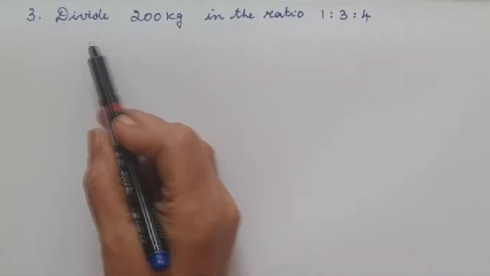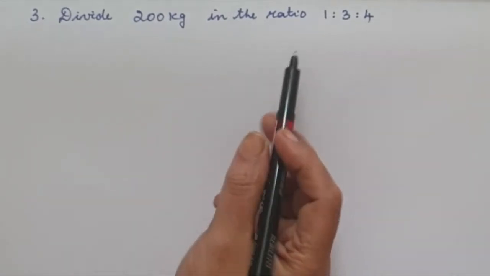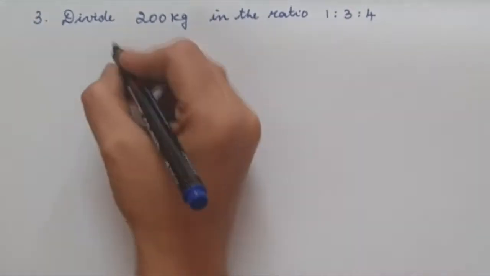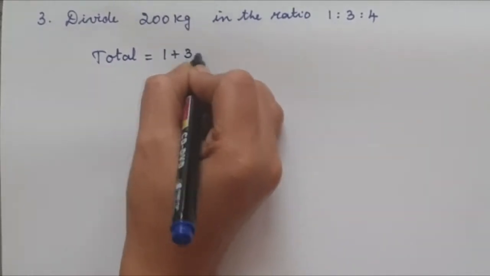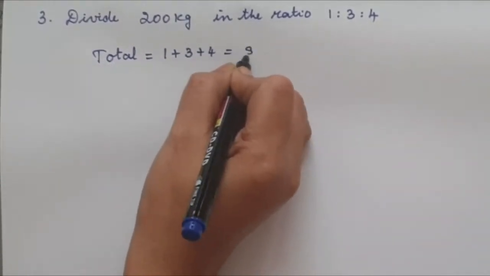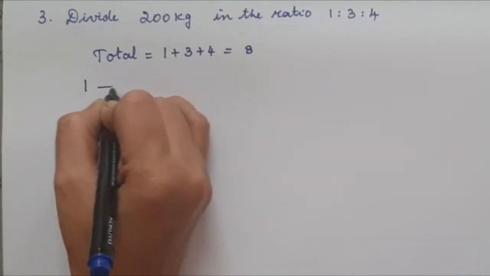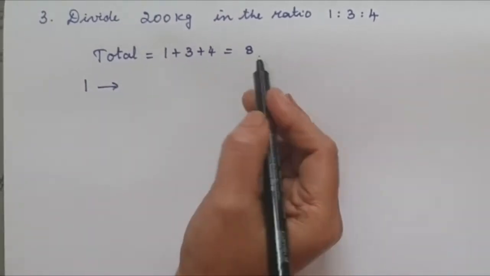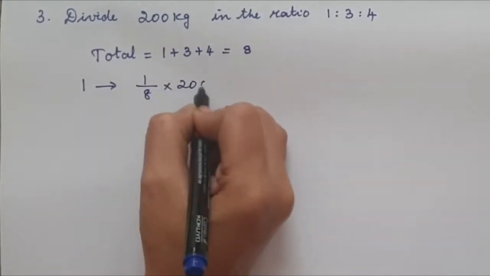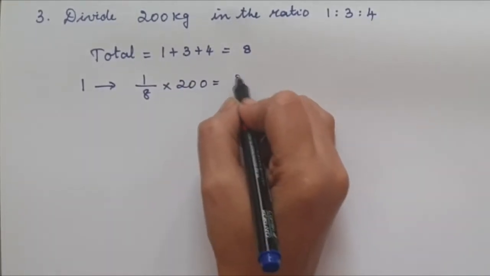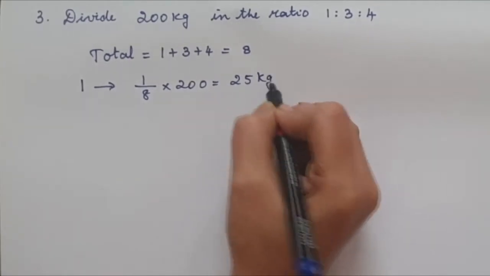Third question: divide 200 kg in the ratio of 1:3:4. The total ratio will be equal to 1 plus 3 plus 4, which will give us 8. The first share is 1 over 8 into 200, which will give us 25 kg.